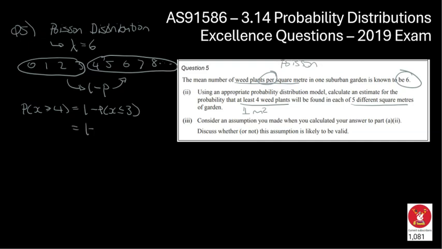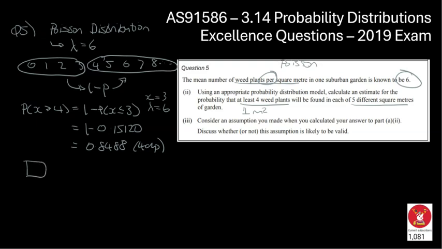So that's going to be 1 minus, hopefully, if you've got X equals 3 and lambda equals 6, hopefully you're getting 0.15120. And when I do that subtraction, I'm getting 0.8488. And that ultimately was rounded to a 4DP number. So that's the probability of 1 square meter.